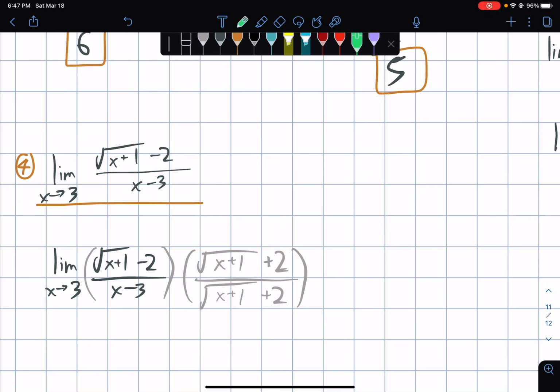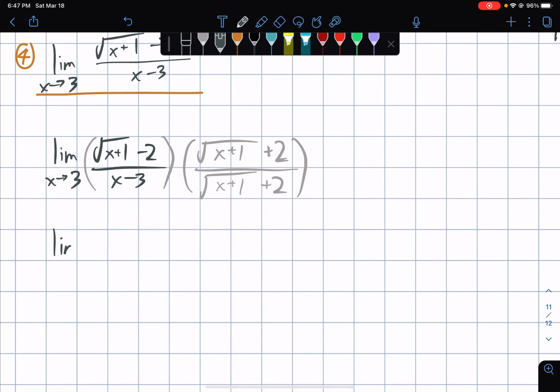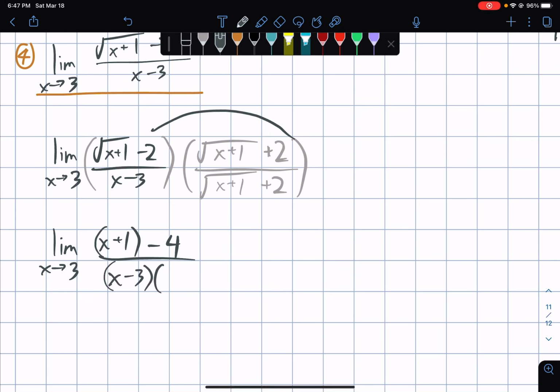So yeah, let's multiply them. So x plus 1, and then these two cancel. These two is going to be negative 4, and then x minus 3 times square root of x plus 1, then plus 2, I guess.